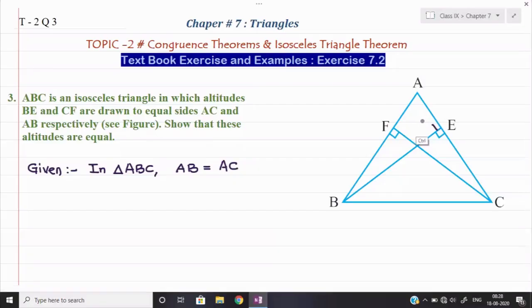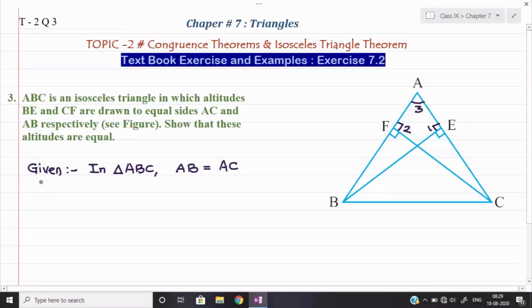Sorry, one second, let me mark this angle. I am taking this as angle number 1, this angle I am marking as angle number 2, and this angle A, I am marking as angle number 3. Let us see how we can go ahead. First of all, we shall talk about angle 1 and angle 2.